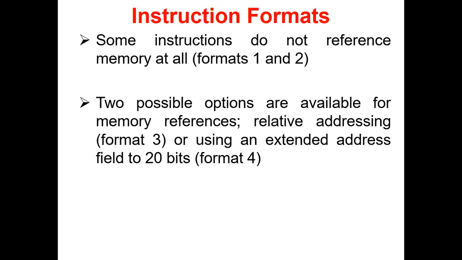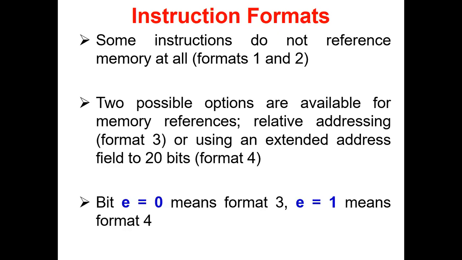Format 2, the operand is in registers. Remember, registers are found in the CPU, not in memory. So for instructions where you don't reference memory, formats 1 and 2 are the ones used. Then for memory references, we can use either format 3 or format 4.